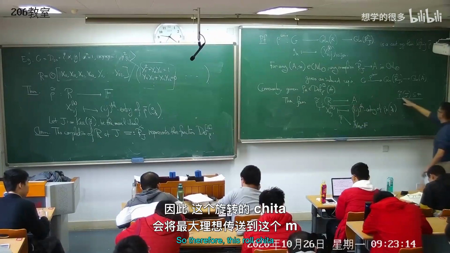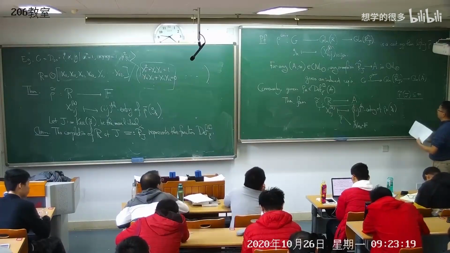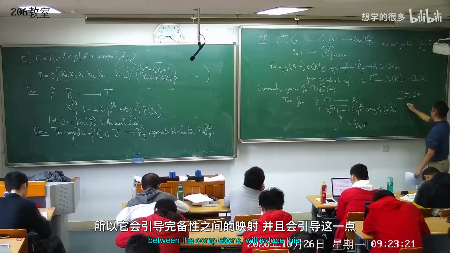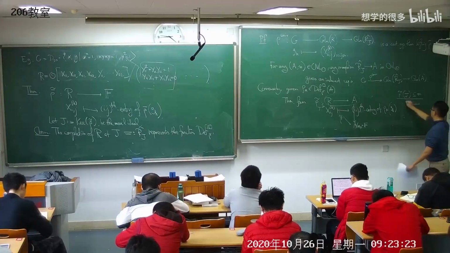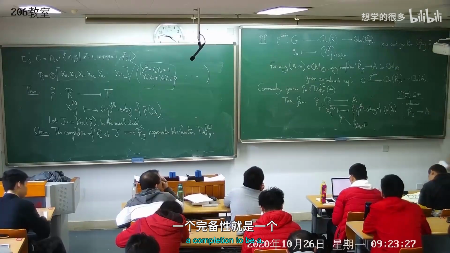So this rho tilde will send the maximal ideal to this M. So it will induce the map between the completions, from the completion of R_J to A.